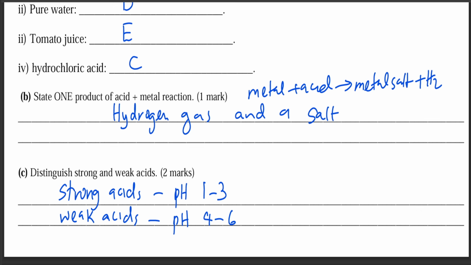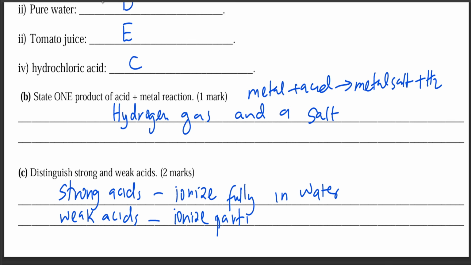But if you want to give the definition itself, strong acids in short ionize fully in water to produce hydrogen ions, and weak acids ionize partially in water, so they produce fewer hydrogen ions.